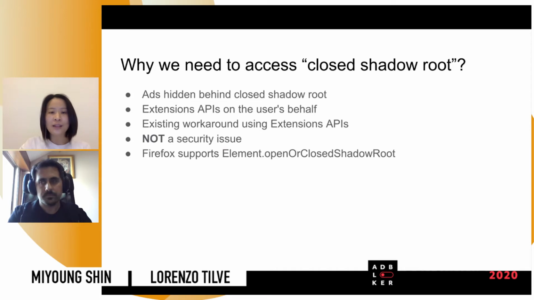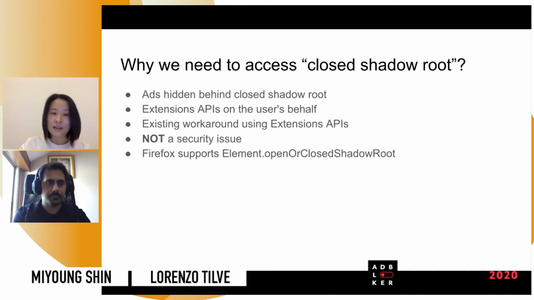Why do we need to access the closed shadow root, even if the spec specifies that it should always return null? First, it would be easy for page authors to circumvent blocking by using the closed shadow root. Second, extension APIs work on the user's behalf, so an extension should be able to modify any part of the DOM.